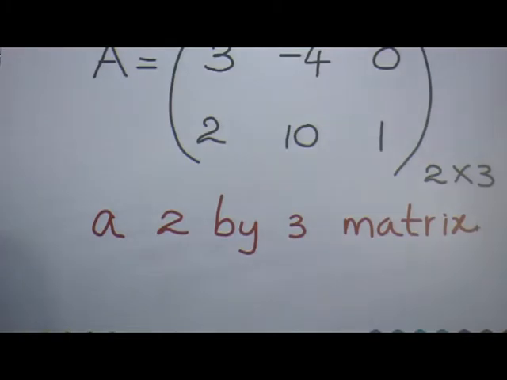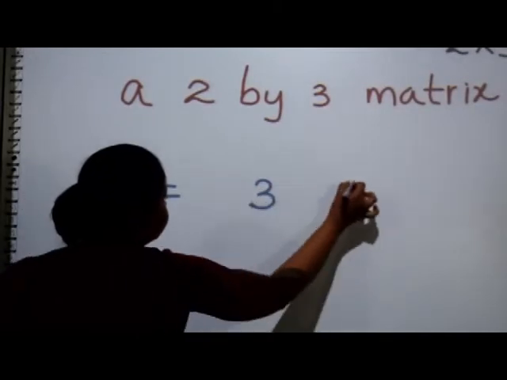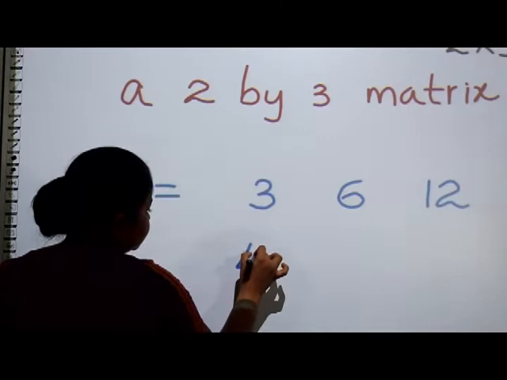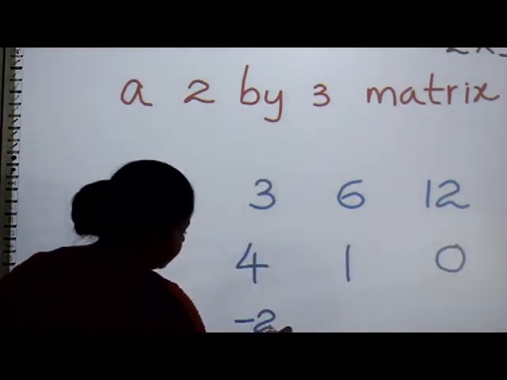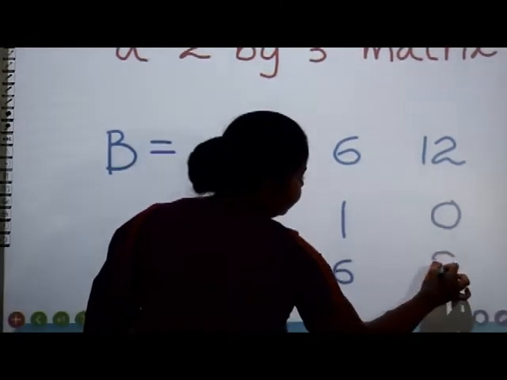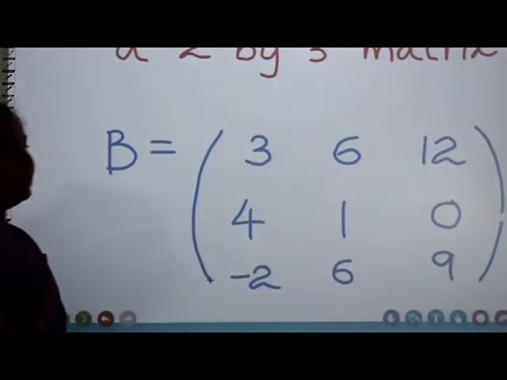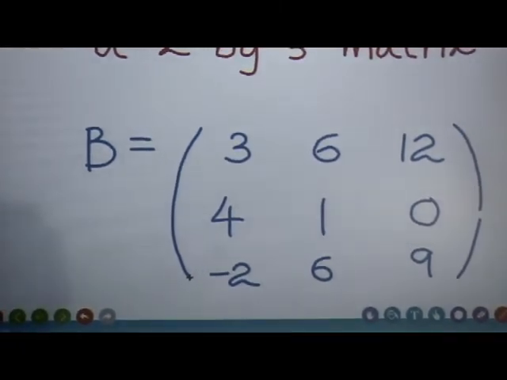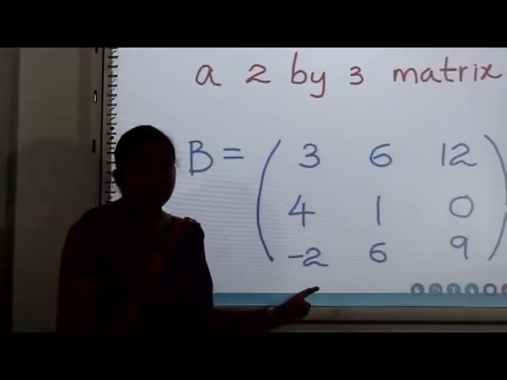Okay, let's take another example. Matrix B equals. In this matrix B, you can see there are 3 rows and 3 columns.